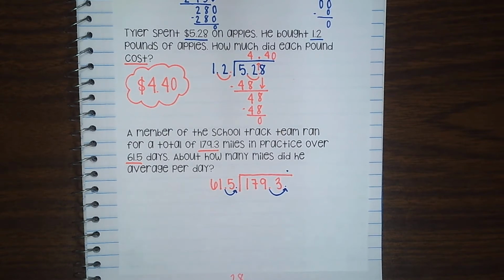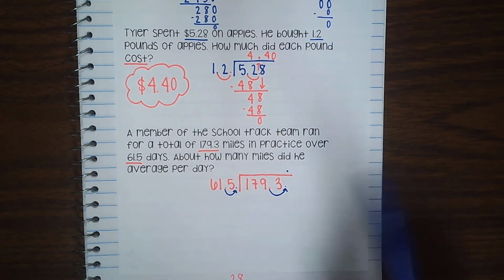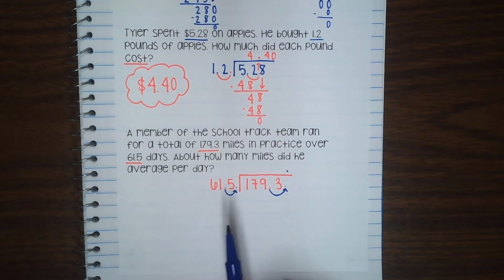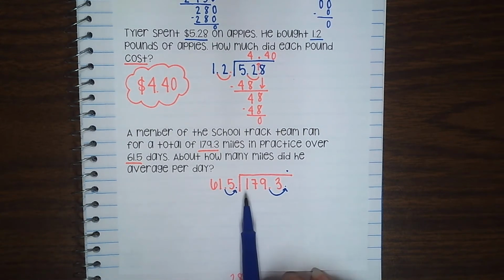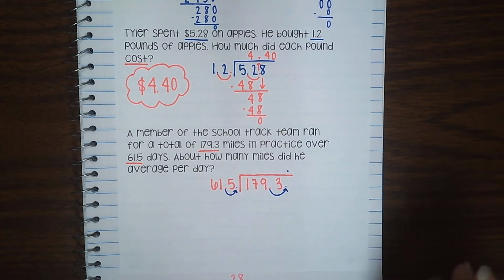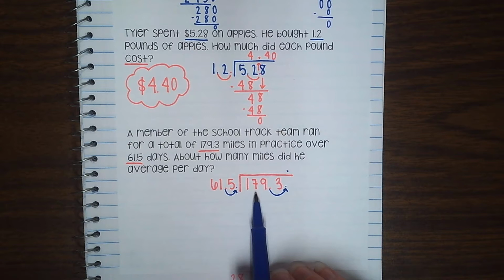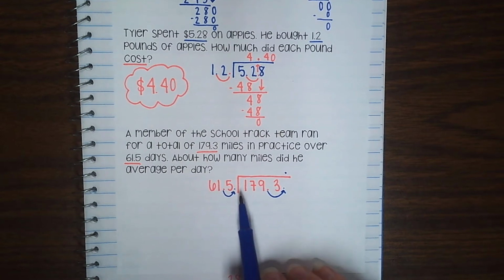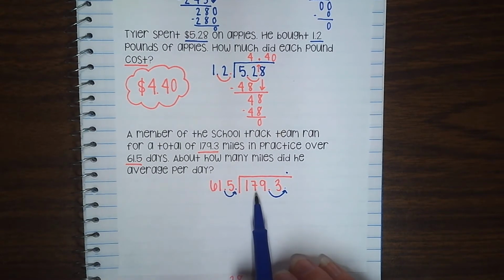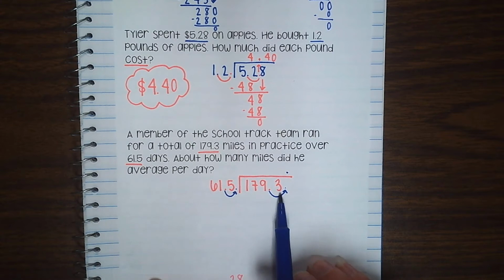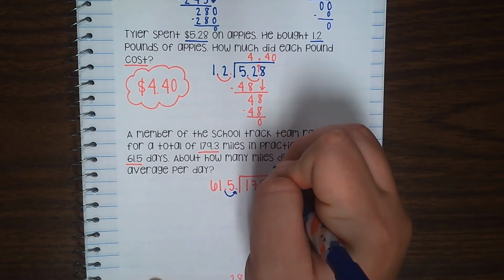So if I have 615 and I want to know how many times can it go into 1? 0. How many times can it go into 17? 0. 179. 0. But it can go into 1,793 2 times.